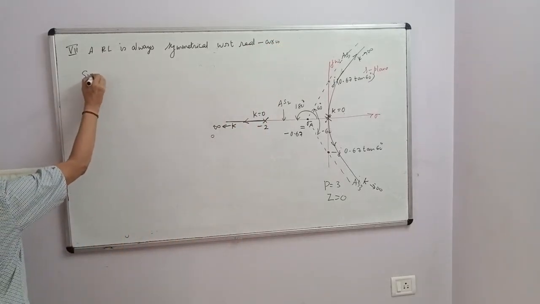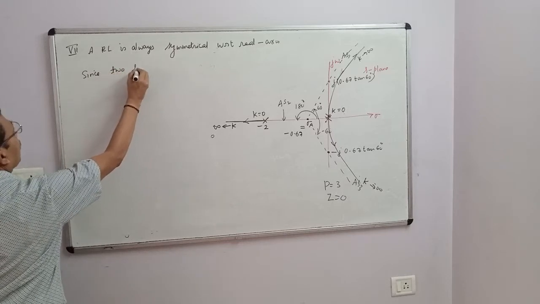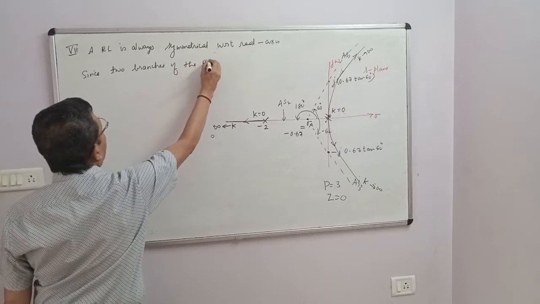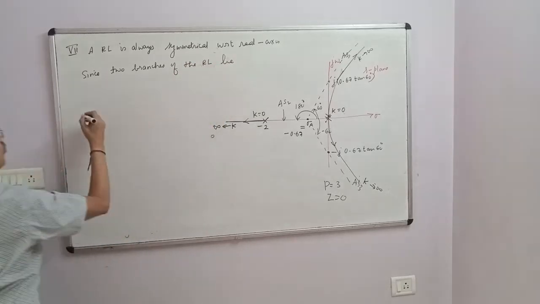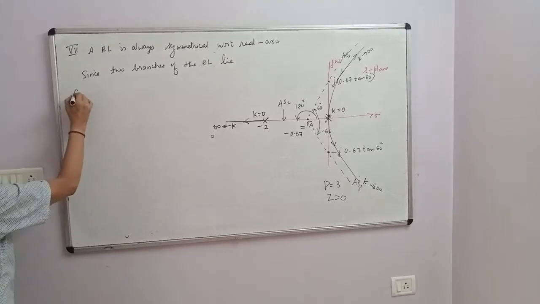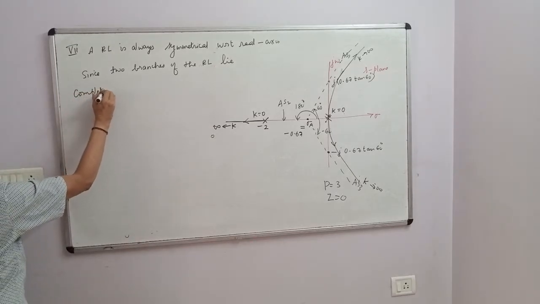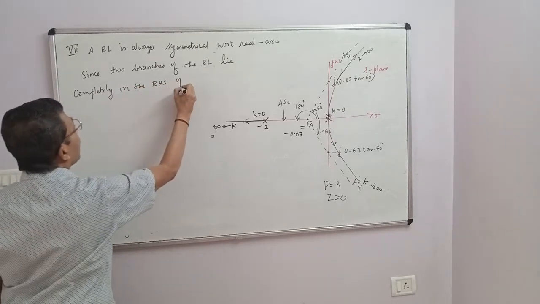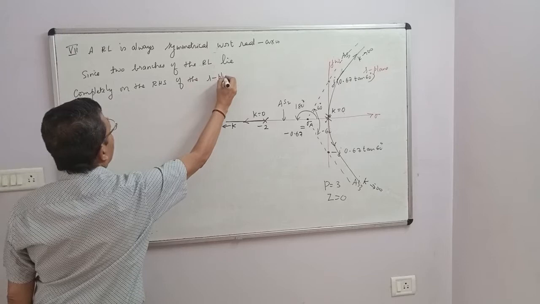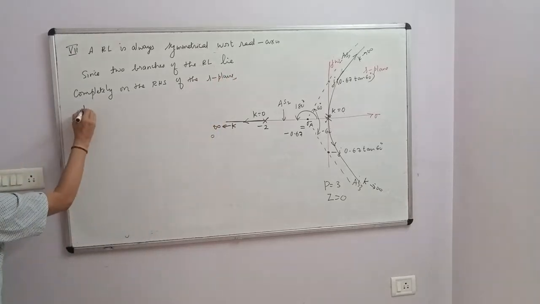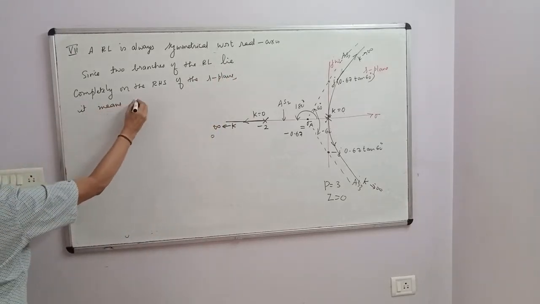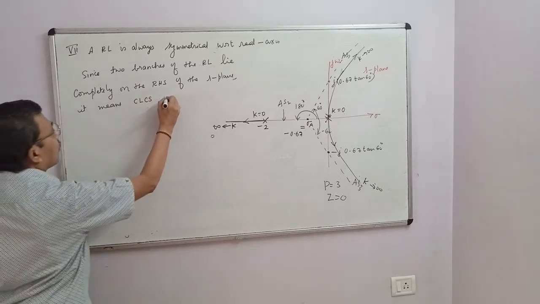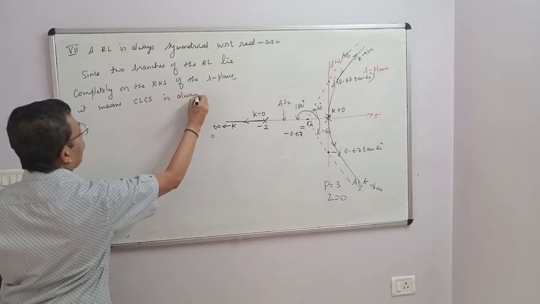Since 2 branches of the root locus lie completely on the right hand side of the S plane, it means the closed loop control system, CLCS, is always unstable.